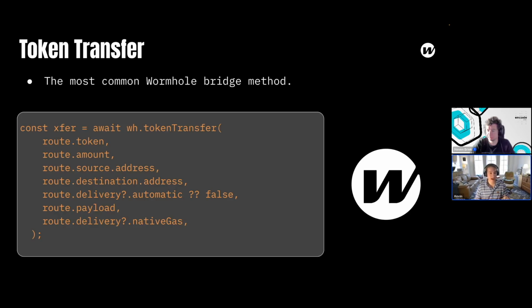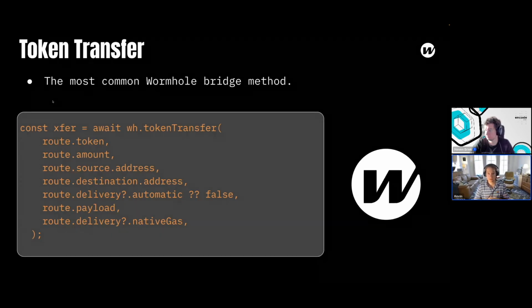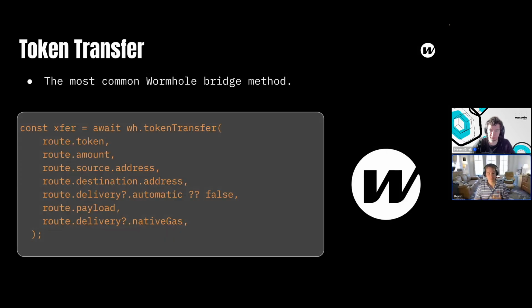So what do we need to provide to the SDK for parameters if we're doing a token transfer? Of course, we need to provide the token that we want to move. We need to say the amount. We need to say the source address, where it's coming from. We need to provide the destination address, where it's going. We need to decide if we want to do automatic relaying. We can optionally provide a payload.